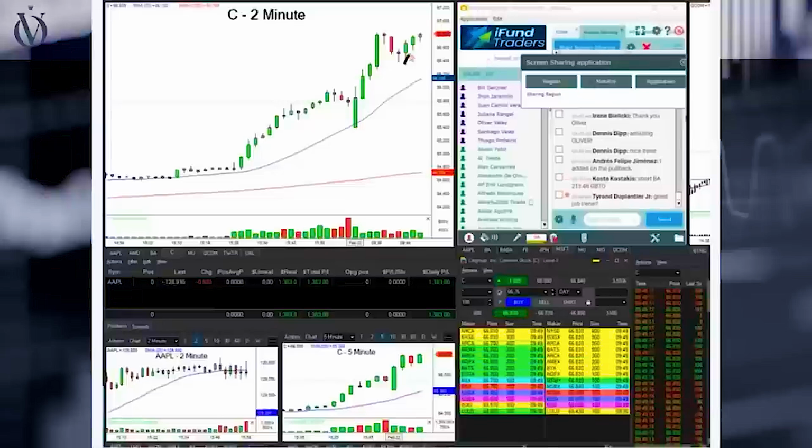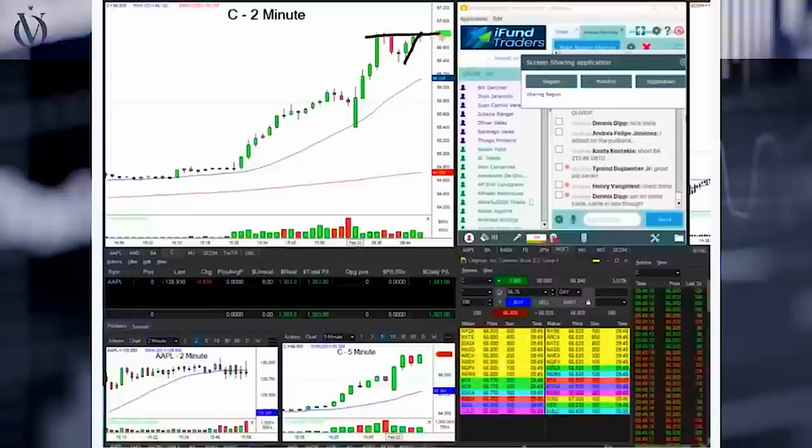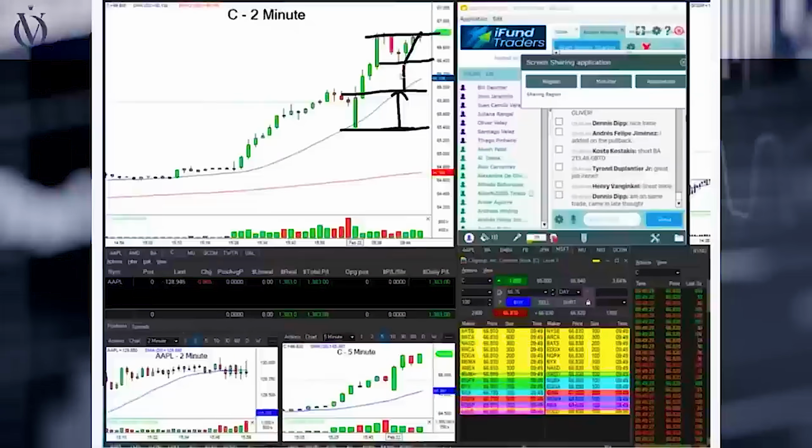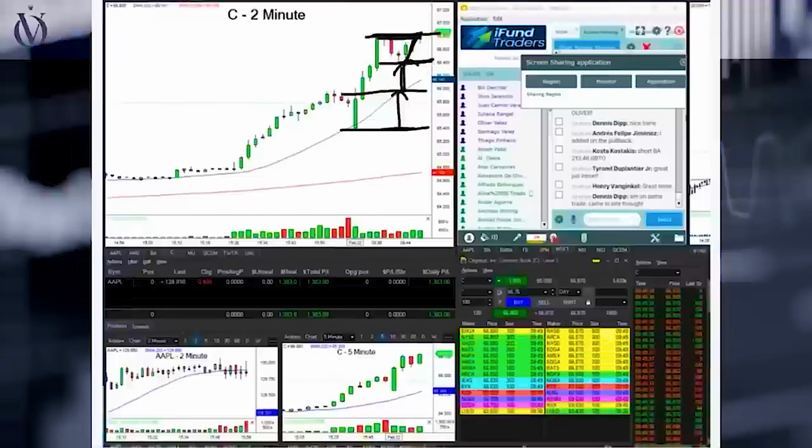Now, let's go to the next thing. Now, you see how C has come up back toward the high. And remember, we moved our stop from here to break even. Well, now Irene needs to move the stop to the pivot. So once you move back toward the high, you raise your stop now. So now you're going to get stopped out with a profit.